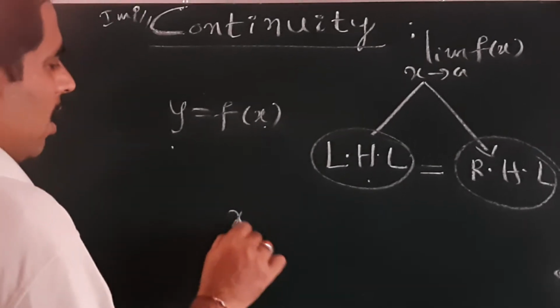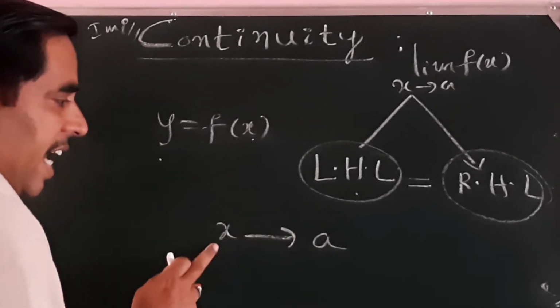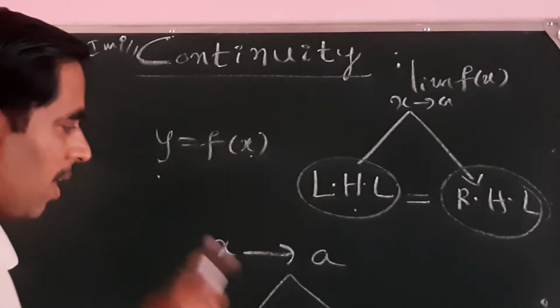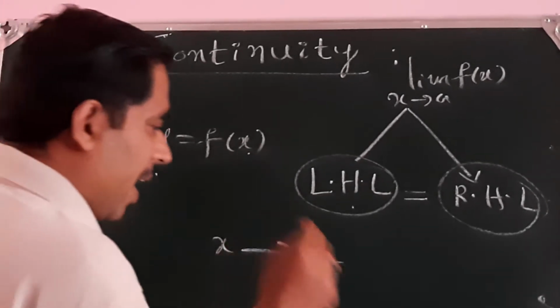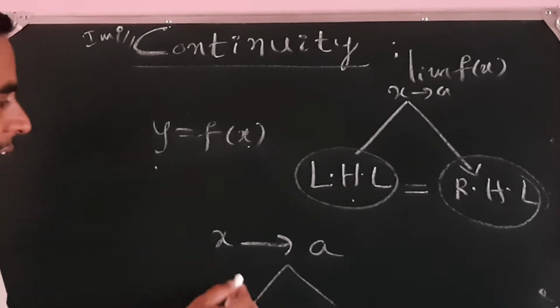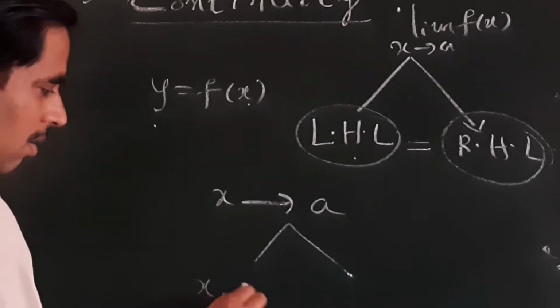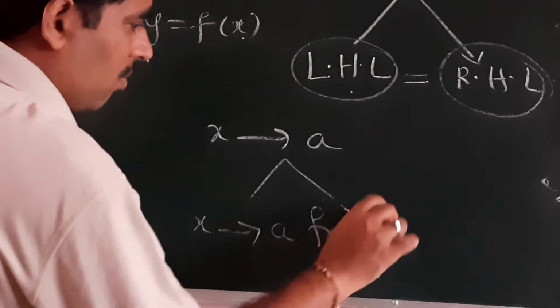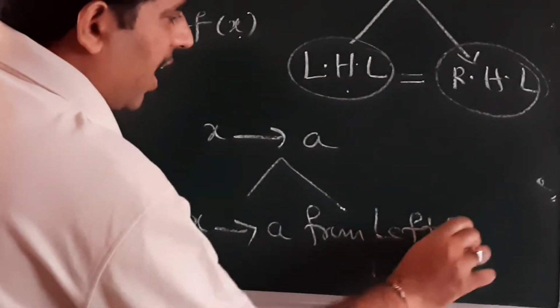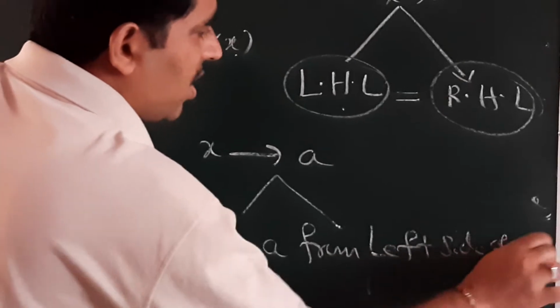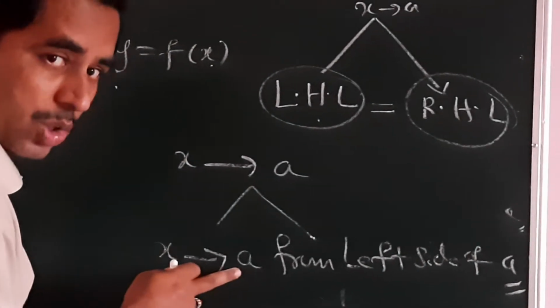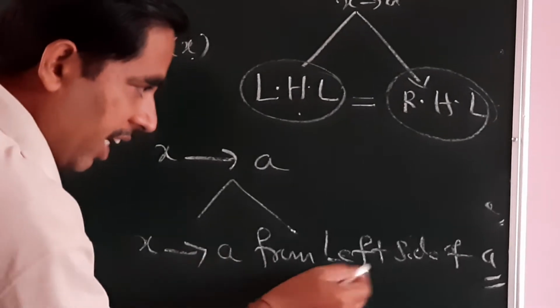We read this as x tends to a, which means here also there are two cases. We must recall this point. X tends to a means x may approach towards a from the left side of that point.